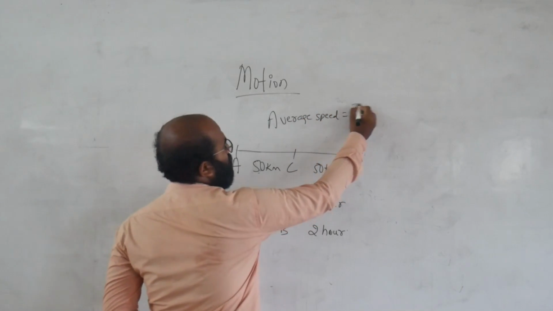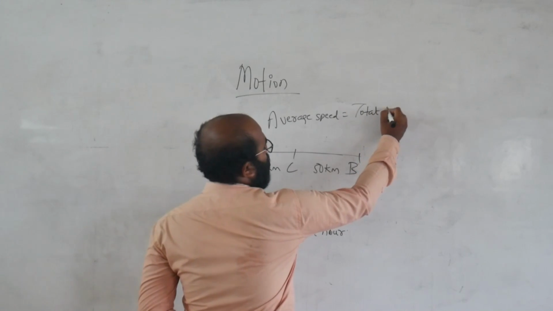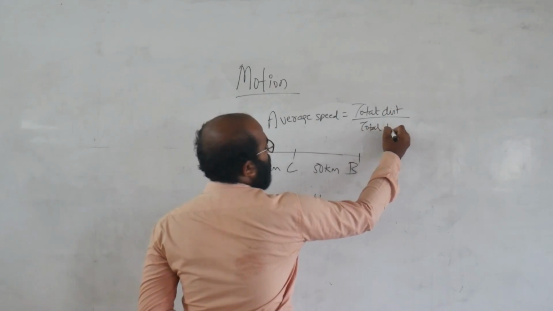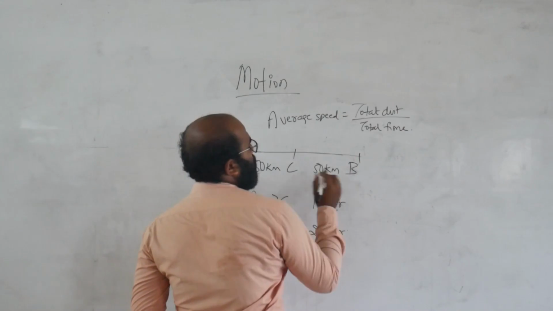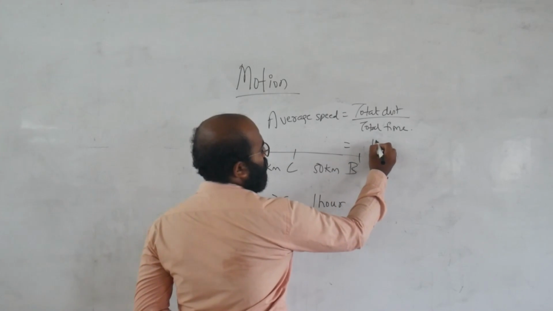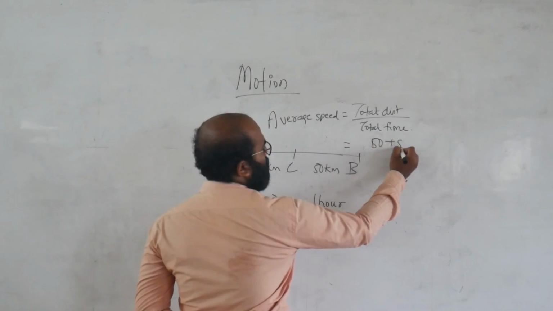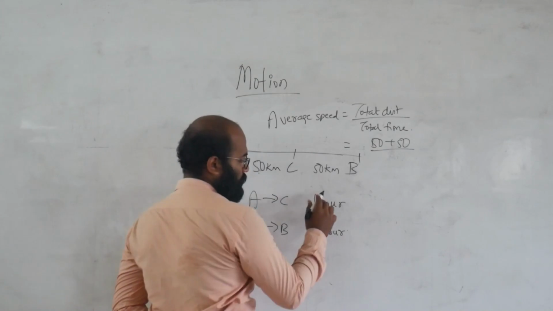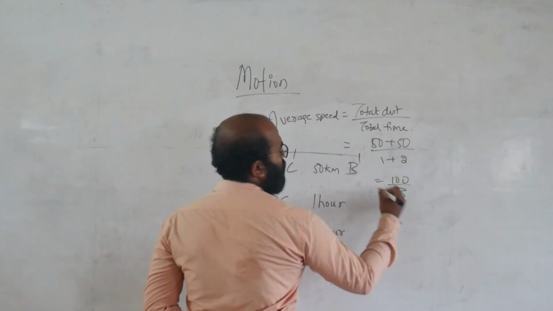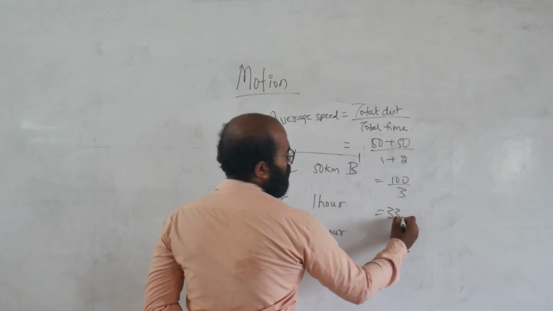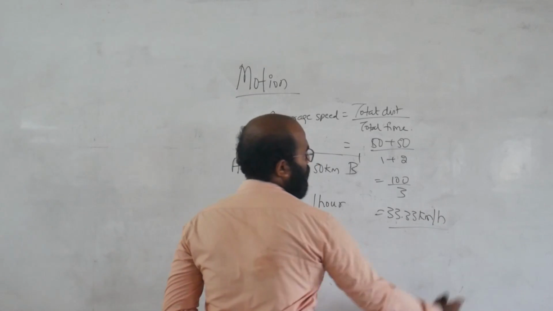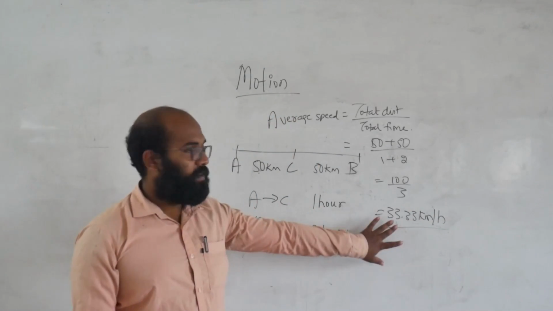Average speed is nothing but total distance by total time. That is total distance 50 plus 50, and total time 1 plus 2. So it is 100 by 3. That is nothing but 33.33 kilometers per hour. So this is the average speed.